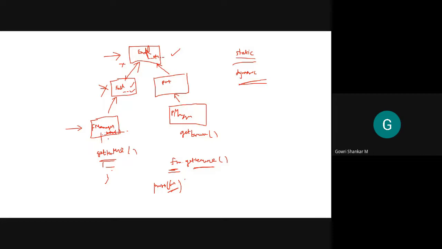Now why does this dynamic binding become a problem? For example, one scenario is if you are not defining the str function in F manager and you are calling print fm. What is the behavior I'm expecting? I'm expecting that the str function present in the immediate superclass of F manager, that is the full-time employee class, has to be called.